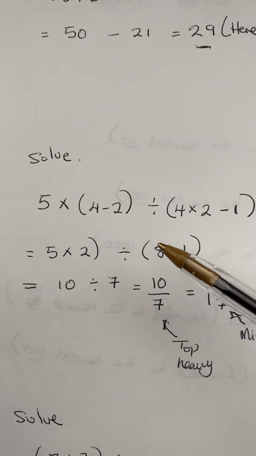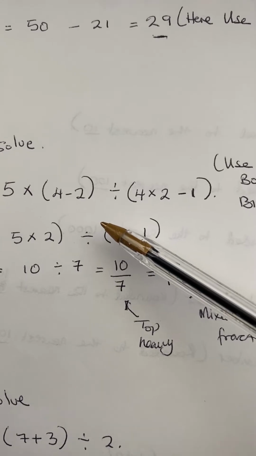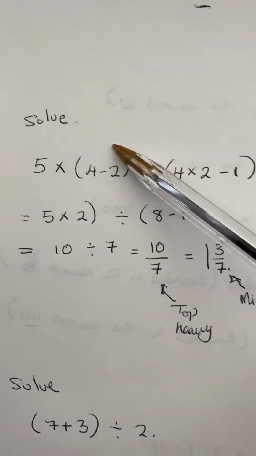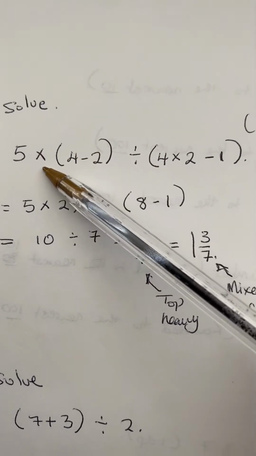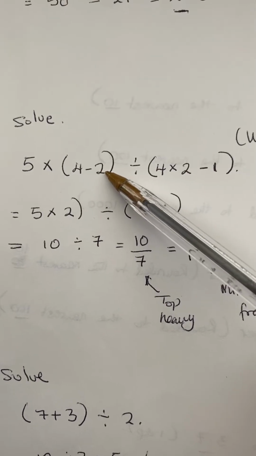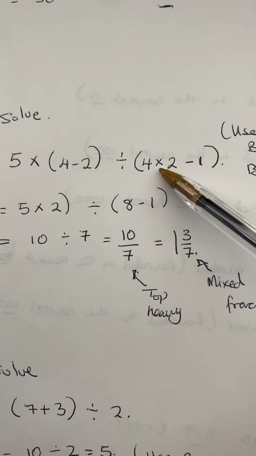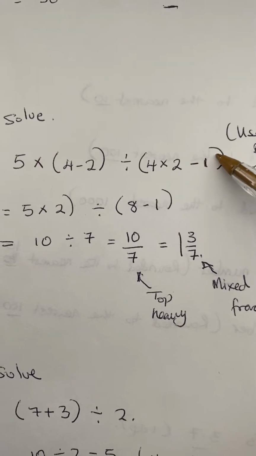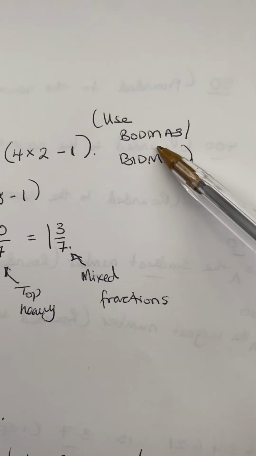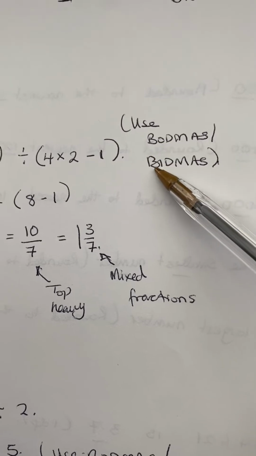Now the second one here is similar to what we've done, but it has more mathematical symbols. So let's have a look. 5 times (4 minus 2) divided by (4 times 2 minus 1). Now look at BODMAS again. The first thing you should be thinking of is the brackets.